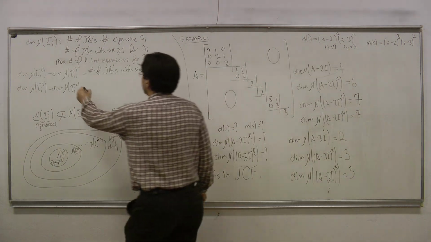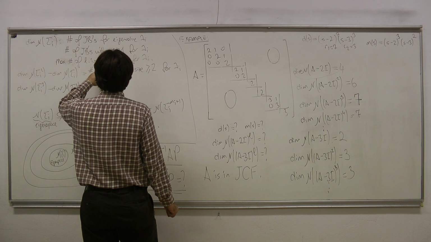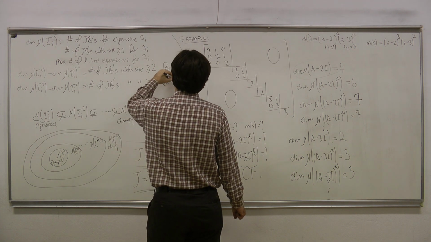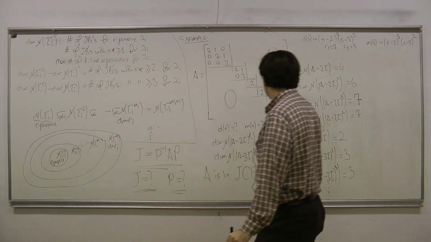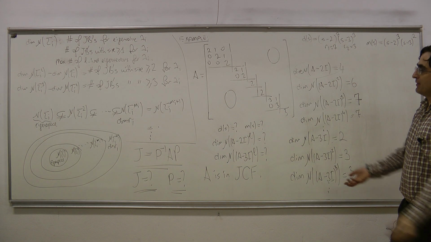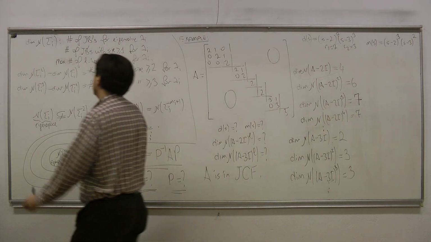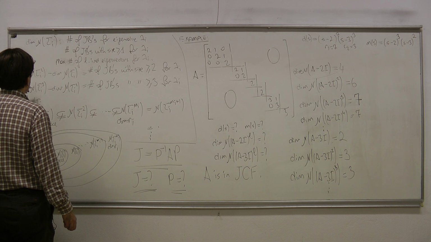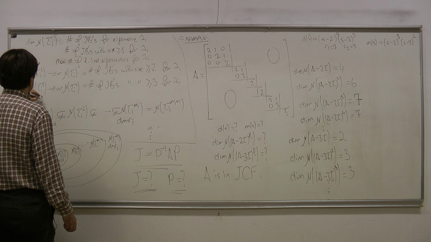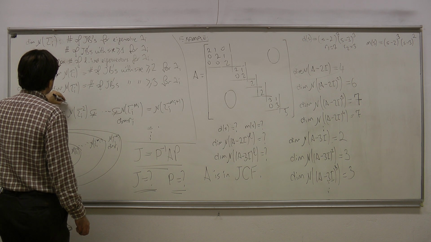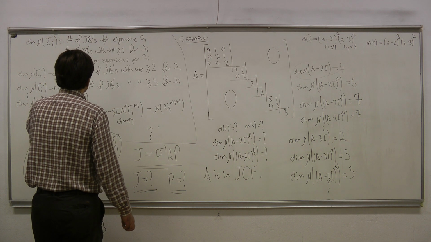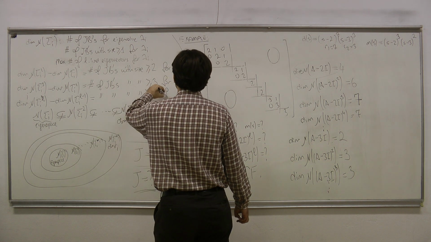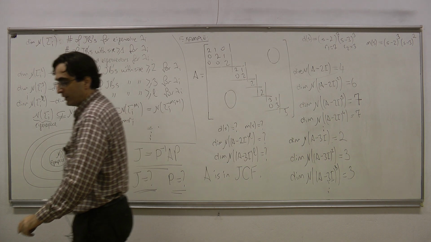And this difference is the number of Jordan blocks with size larger than or equal to 3 for lambda I. This type of relationship continues until the dimension of the null space of sigma I to the L minus the dimension of the null space of sigma I to the L minus 1 is the number of Jordan blocks with size larger than or equal to L for lambda I.